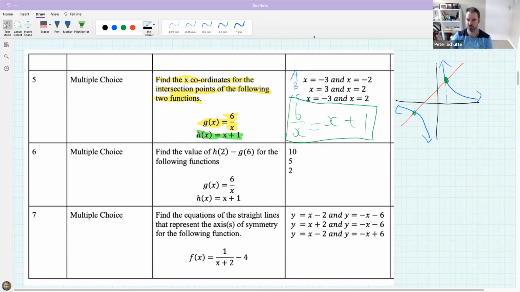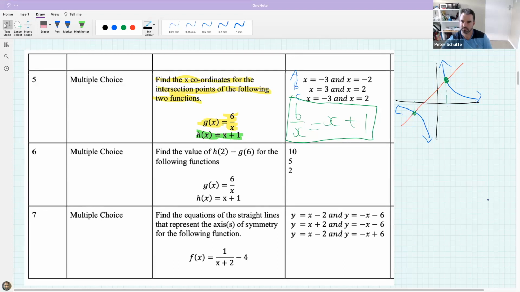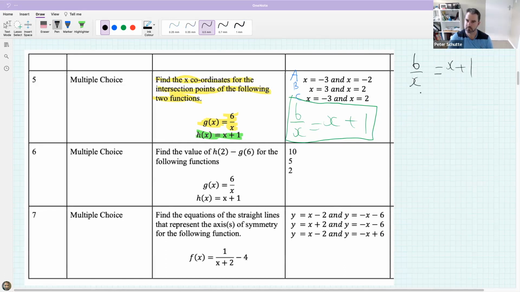Can you remember how to solve a quadratic equation? So you can multiply both sides by x, or you can imagine bringing the x across.